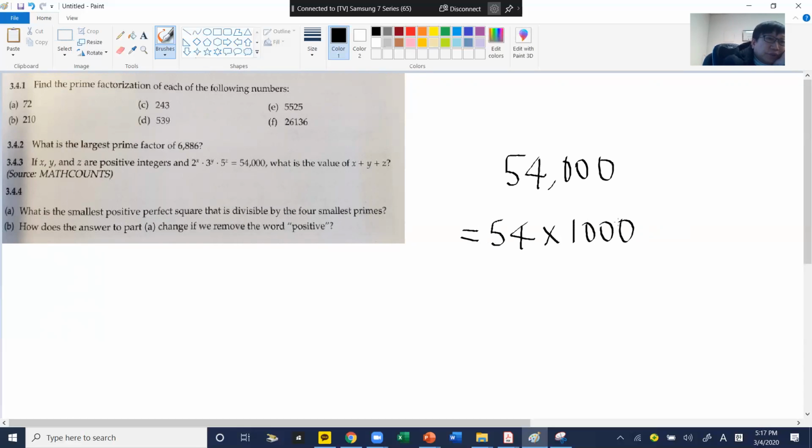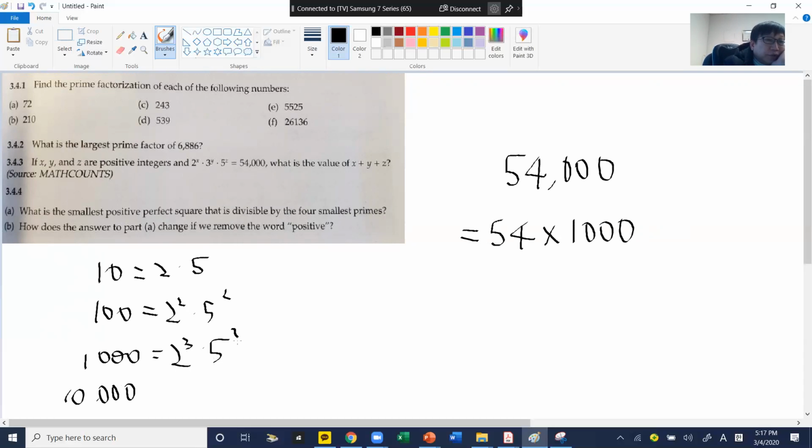For the 10, 100, 1,000, you could just use 3 and 2 for 54, and 2 and 5 for 1,000. So 10 is 2 times 5, right? 100 is 2 squared, 5 squared. 1,000 is 2 cubed, 5 cubed, right?